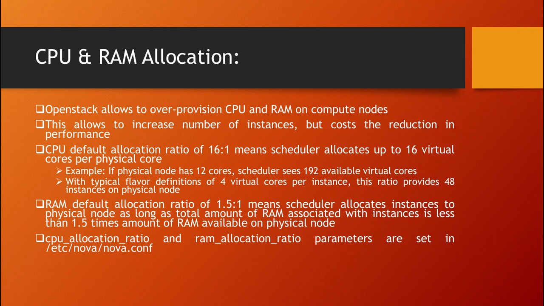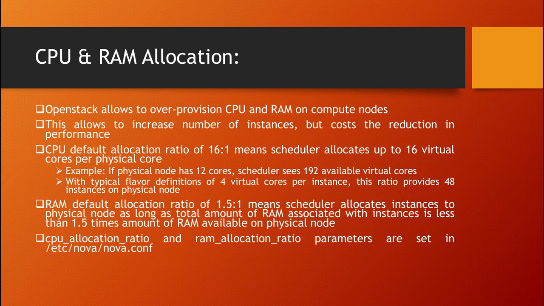If you are going with the typical flavor definition of 4 virtual cores per instance, then this ratio provides 48 instances on the physical node. So on a 12 core physical node you can have up to 48 instances with this CPU allocation ratio.